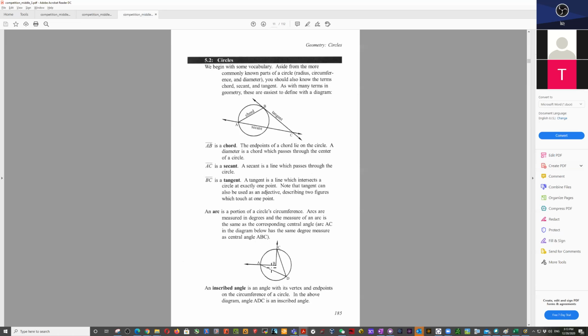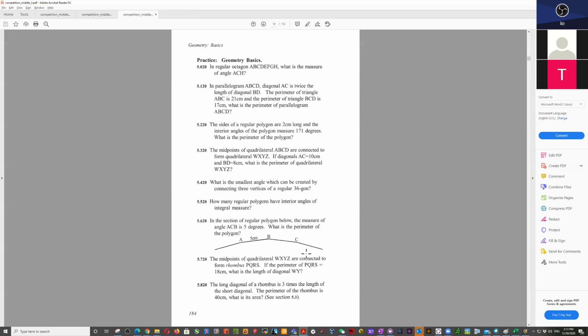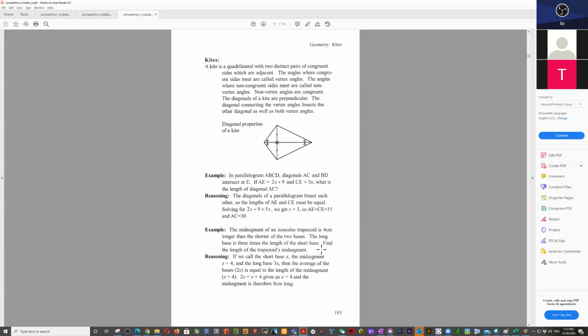Or in geometry, people more and more measure the angle by the radian, and then that is actually 2 pi, because the radian is defined by the ratio of the arc length versus the circumference.